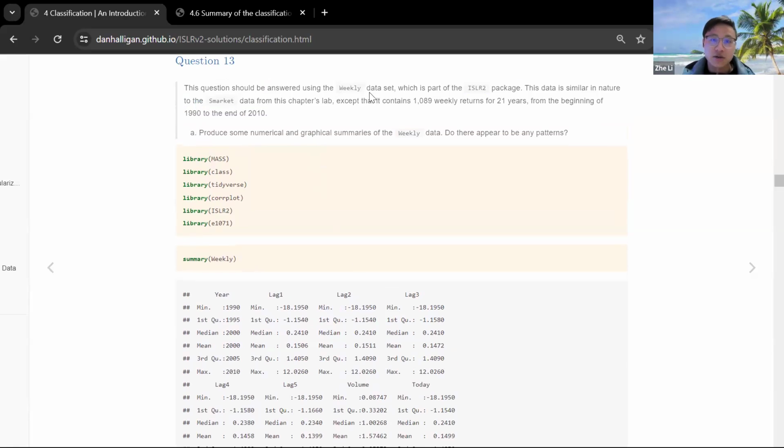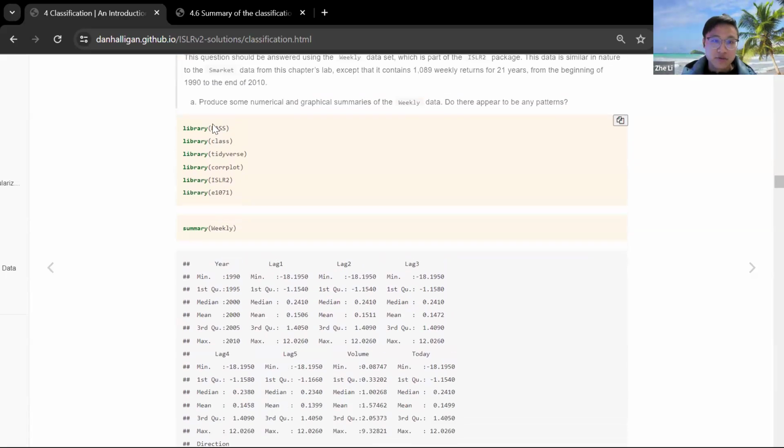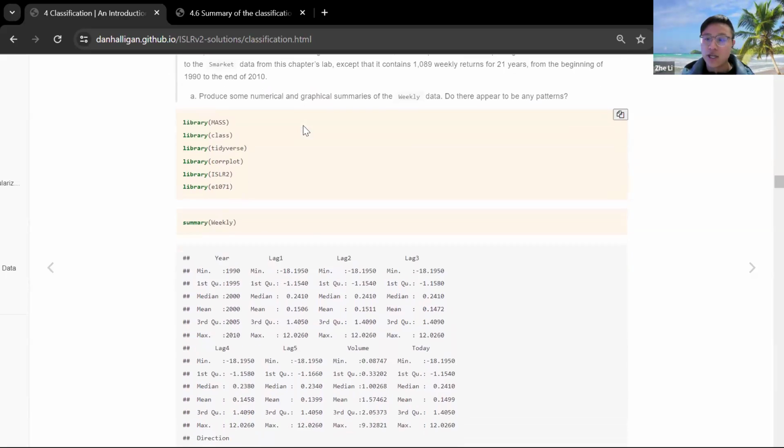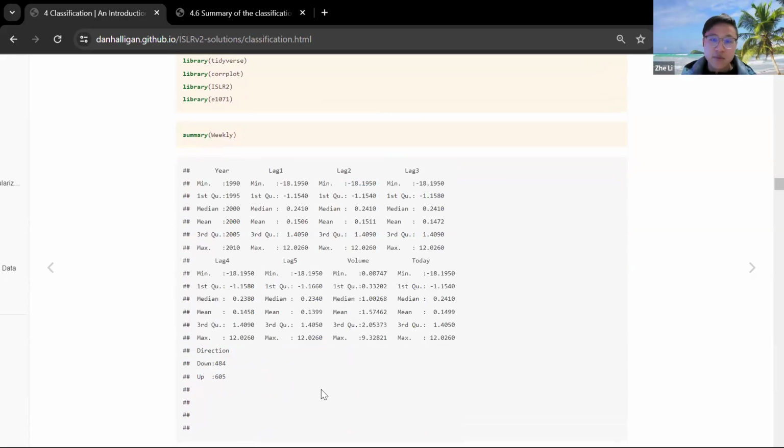So first question is we use the weekly data set, which is similar to the S&P market data set we used before, but it turns the daily returns into weekly returns, and it begins from 1990 to 2010. In the summary, the thing that we want to predict is the direction, whether this stock will go up or down.